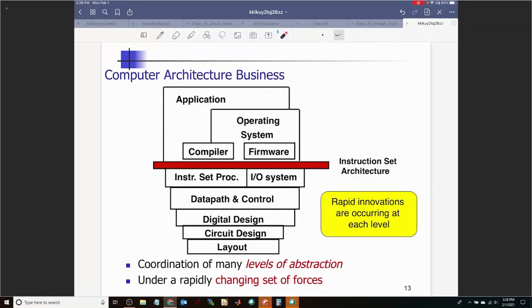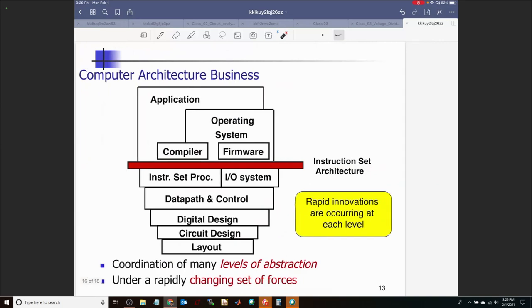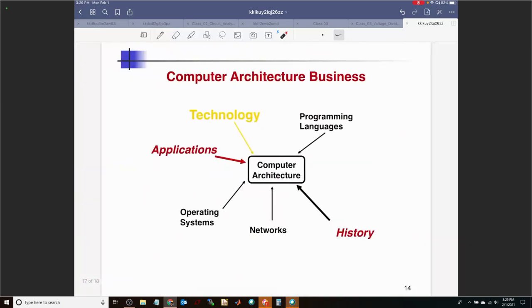For example, when we were trying to compare the speeds, we said it's not just important to increase the speed of the CPU, we also need to look at the memory, right? So if the memory is not able to keep up with the pace of the CPU, then the improvement in the speed doesn't help us. So the computer architecture business involves the technology that's used, the applications that are run on the operating systems, the network.